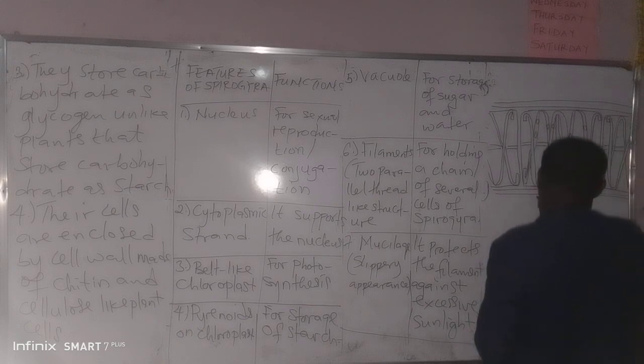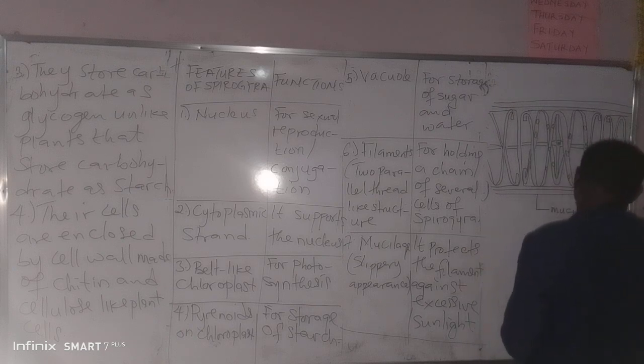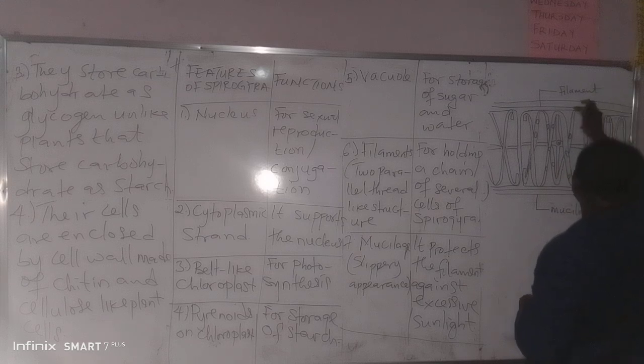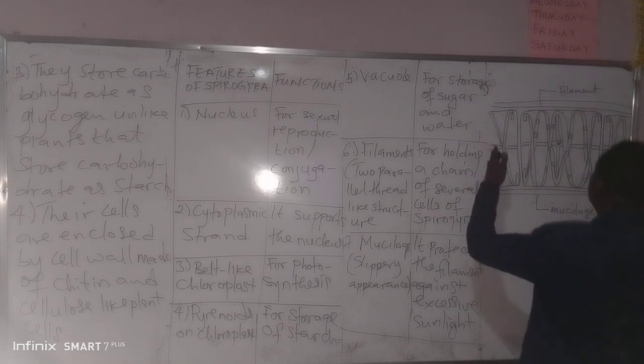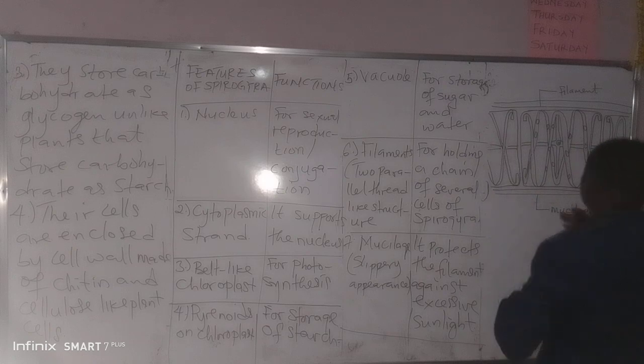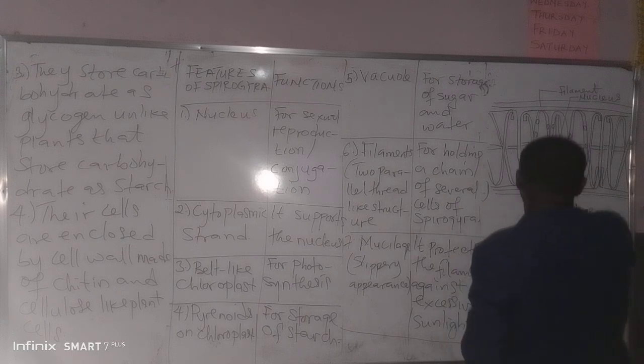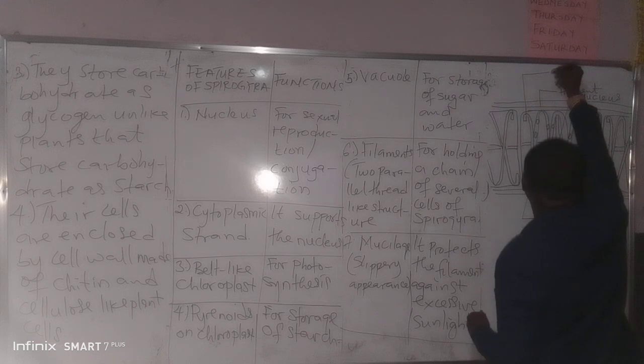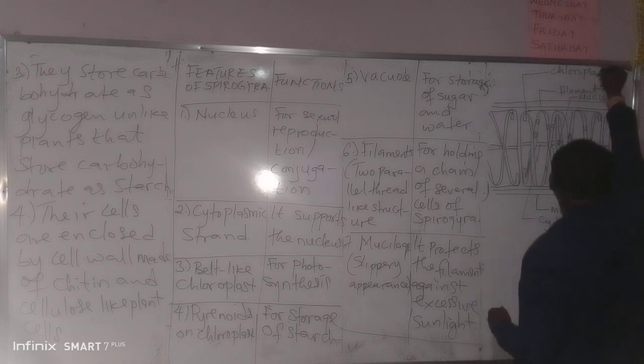So what are we having? This is mucilage, that slippery thing. Then these are the filaments. This one filament, this another one, all these several cells. This is one cell, this another cell. At the center here, you have the nucleus. And what is holding the nucleus is called the cytoplasmic strand. This thing that looks like belts is the chloroplast.